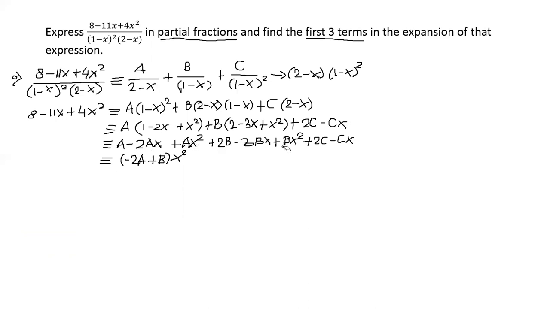It means just ax squared and bx. Plus negative 2a, negative 3b, negative c, times x. And without x, a plus 2b plus 2c.